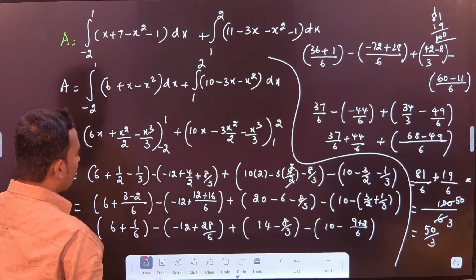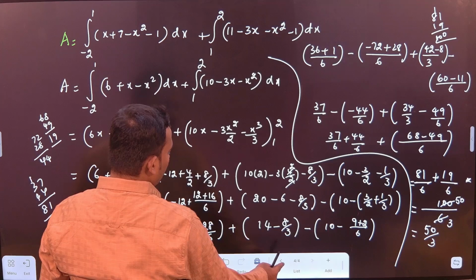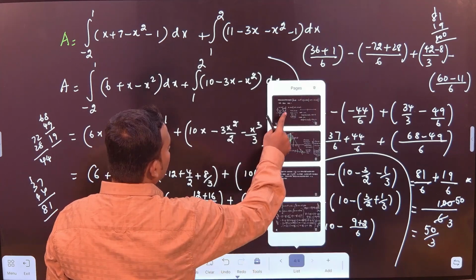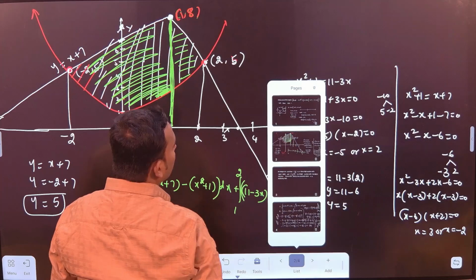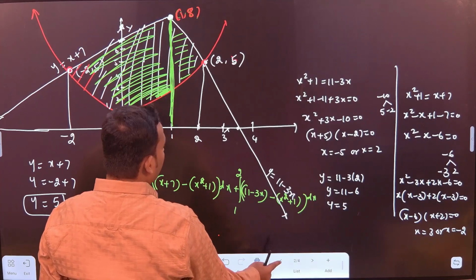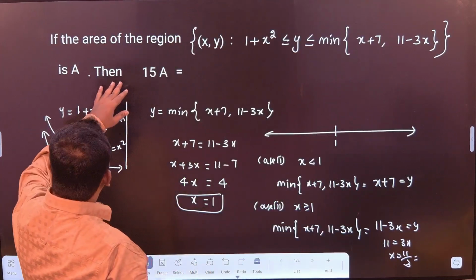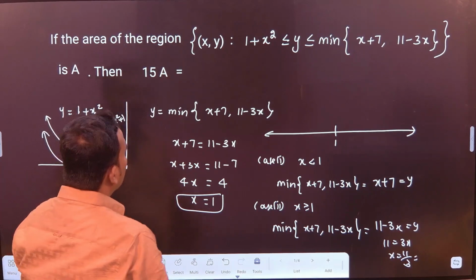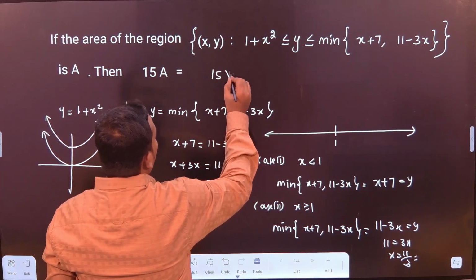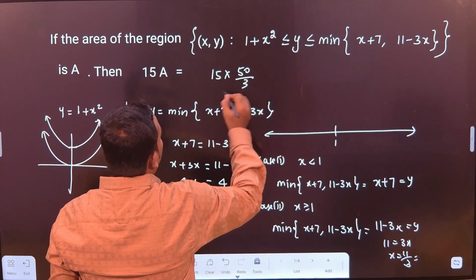Then what they're asking actually in this question, you can see in the question here, the area of this one will be A. Then they're asking 15 times A. 15 into 50 by 3 is the area.